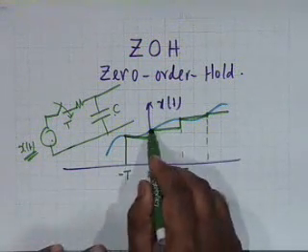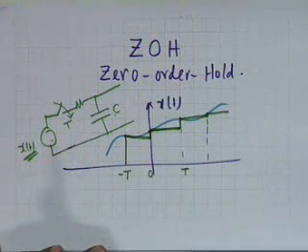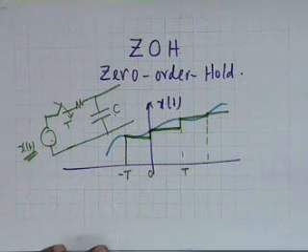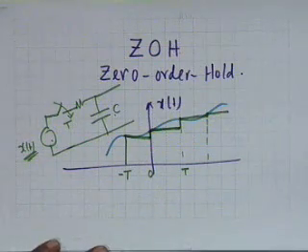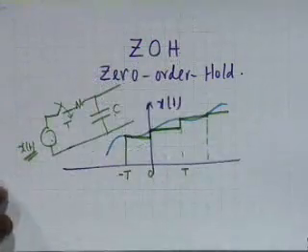It holds the value of the signal at the value which was existing at the previous instant, till a new value arrives, all right. So what we get is, if we have a signal like this, I am showing, then what we get is a staircase like this.